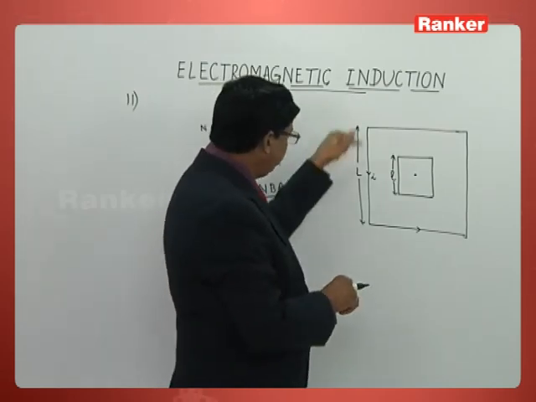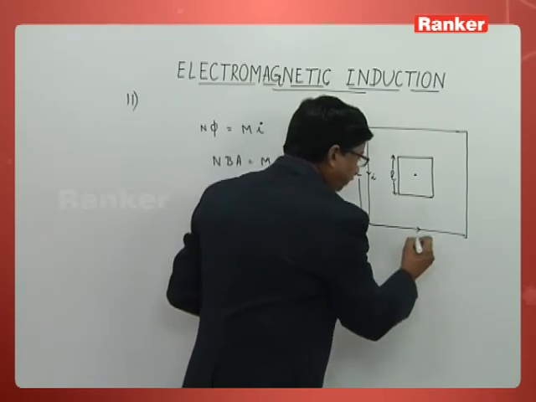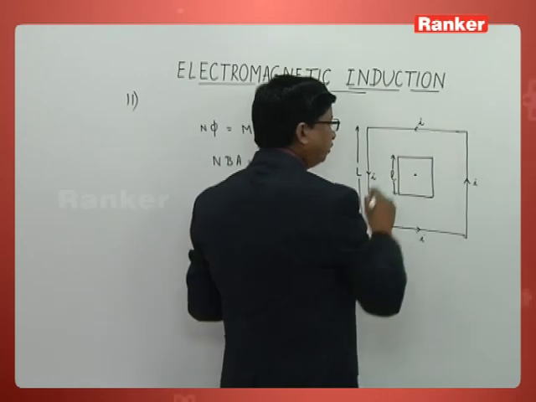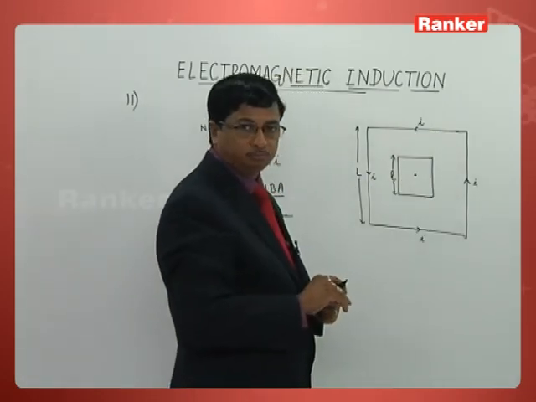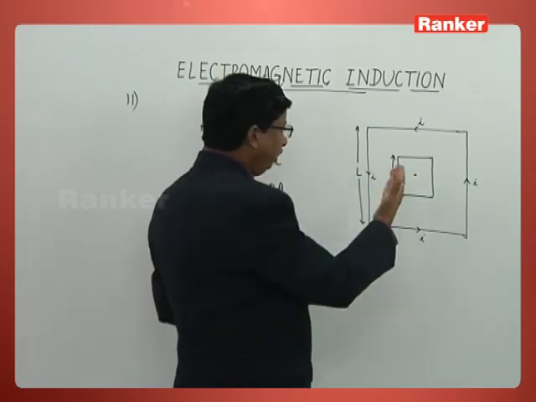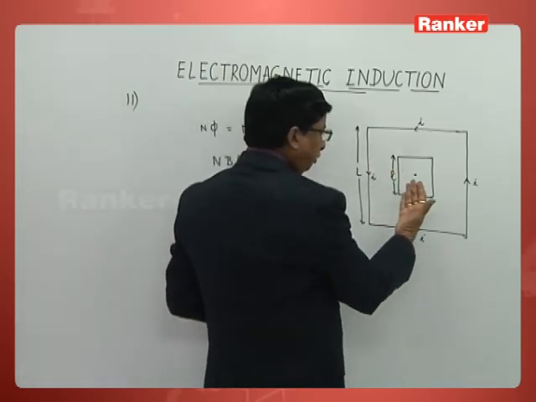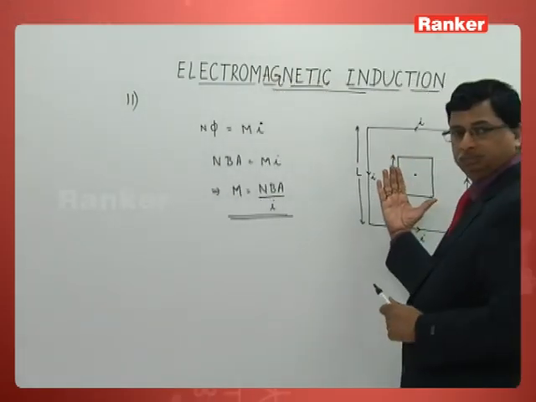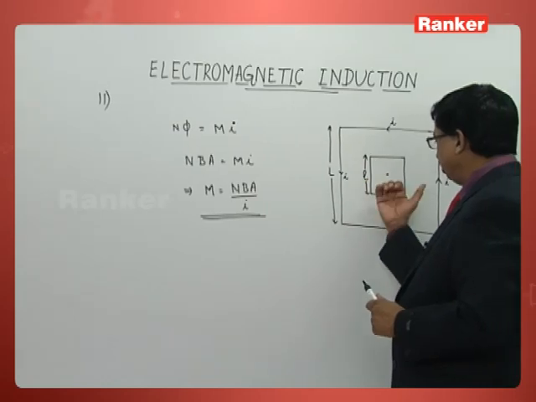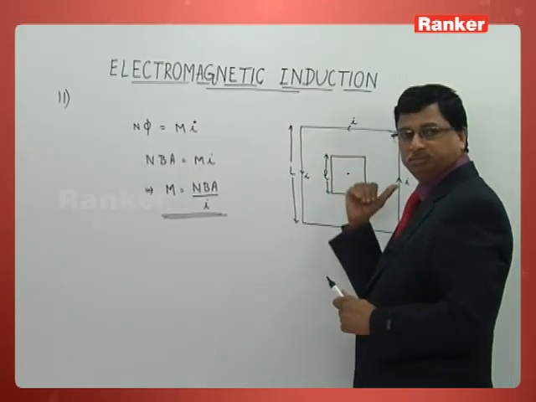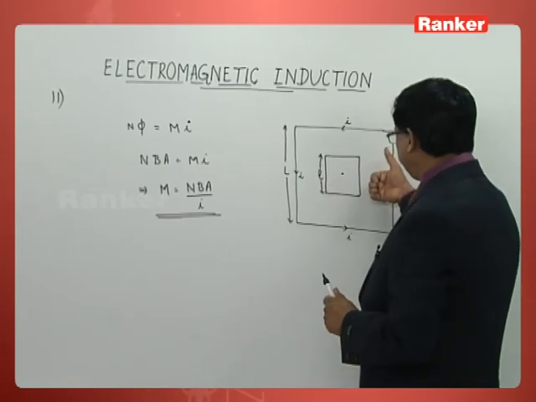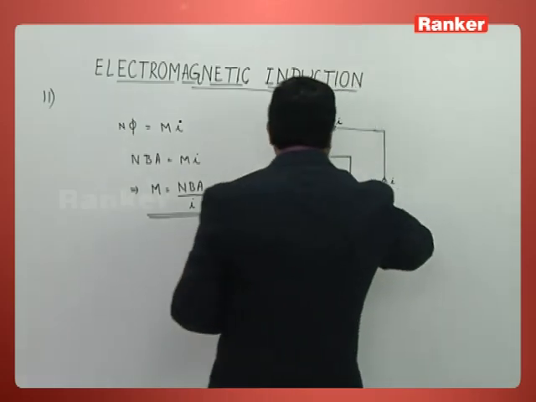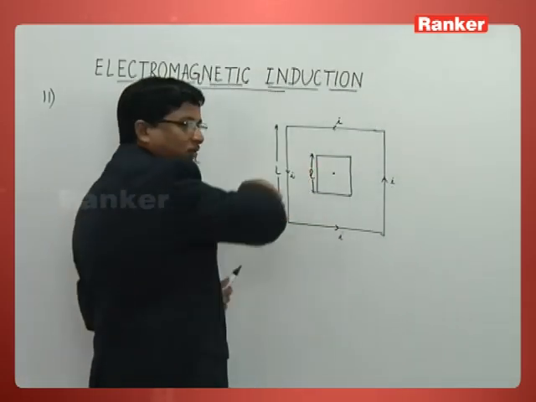If I take the direction of current here, here, here, and here, for example, then if I stretch my right hand, the thumb should show the direction of current. The magnetic field at this point is outside the board. Same is the case with this one, and same with this one, and in fact the same will be the case with this one also.